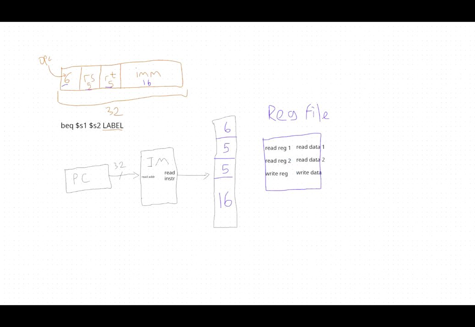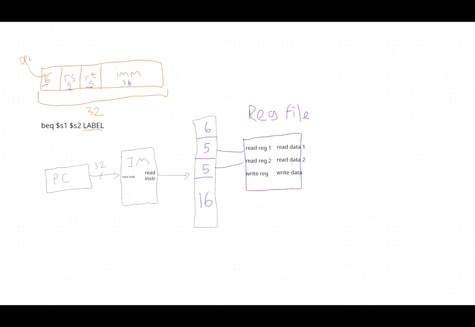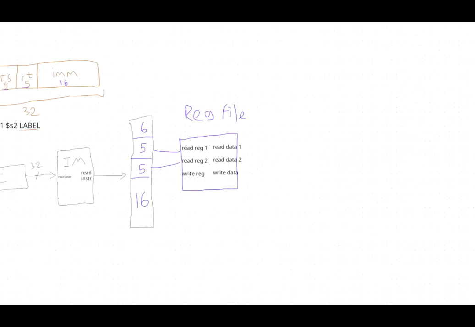So we're going to read the first two registers and take the data in them, and we want to see if they're equal. To see if they're equal to each other, we have an ALU still, because we're doing a computation. Like this.